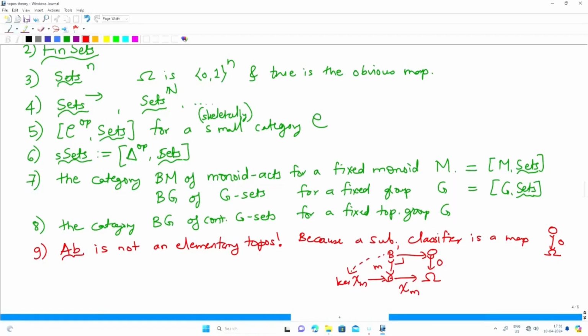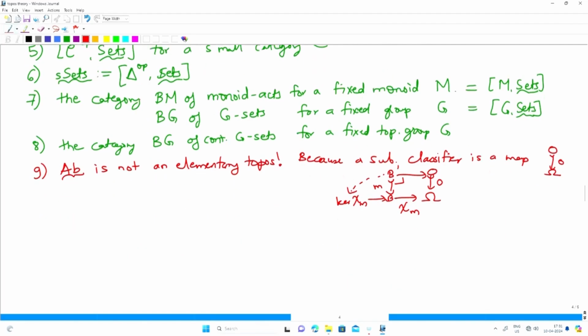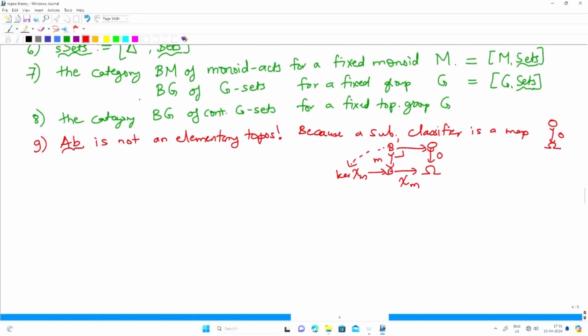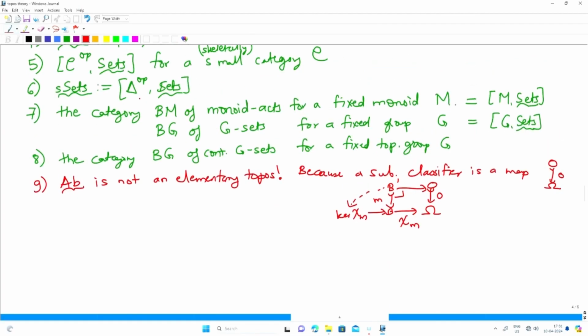If such an omega exists, then it has to contain the kernel of every single map inside it. So it has to be a massive object which will not exist, obviously. Therefore this is not an elementary topos, and for the same reason, you can check that the category of small categories is also not an elementary topos.